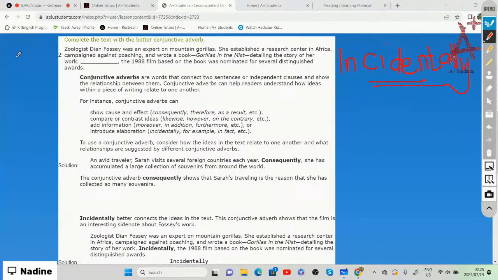And the film is also there, which gives us a more interesting side note about the great work that the zoologist Diane Fossey is doing. So, incidentally, is the conjunctive adverb that better connects the idea within the text.